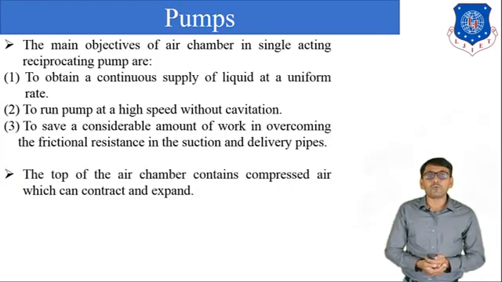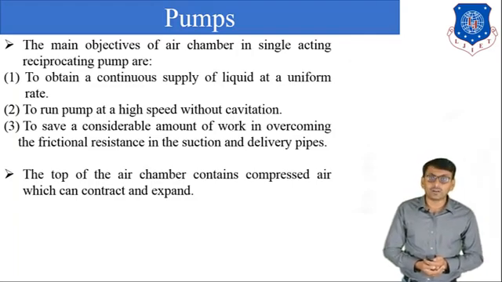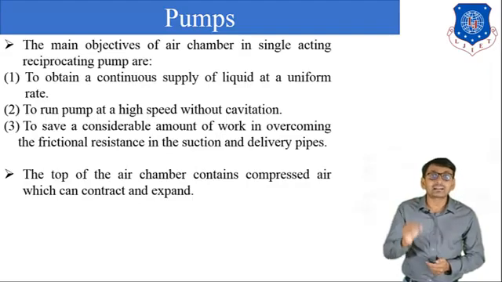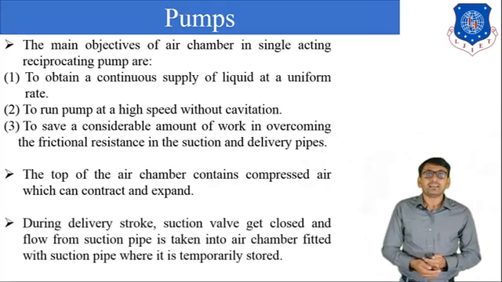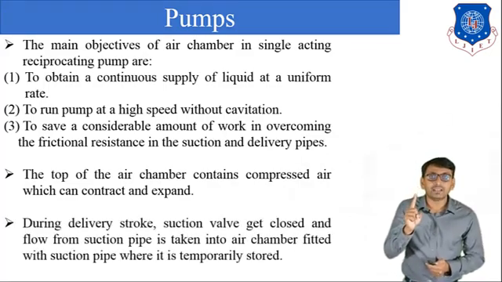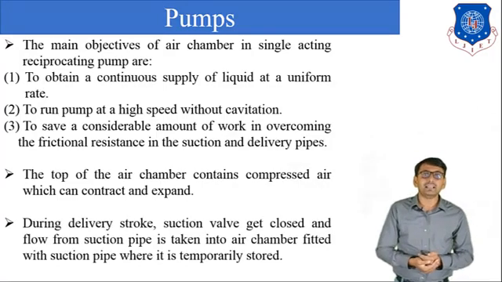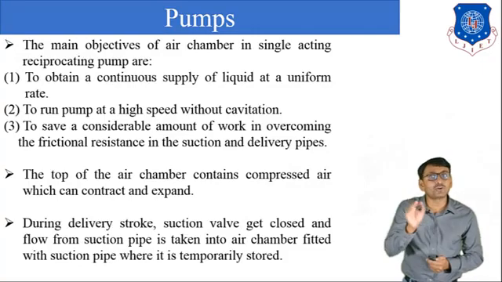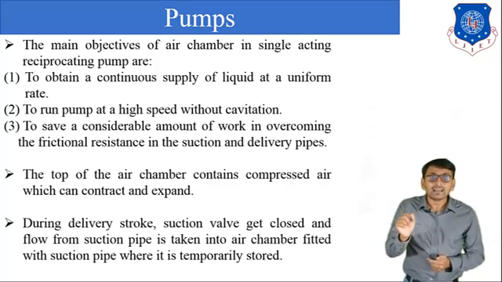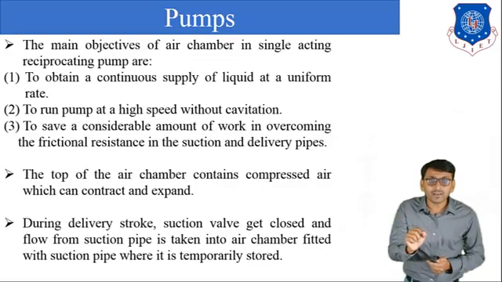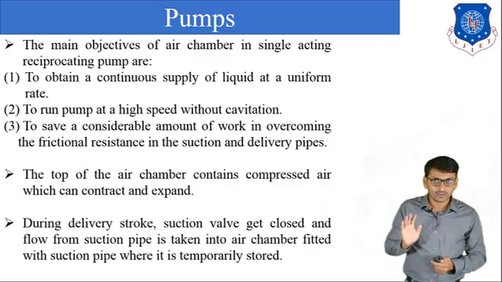Now, the top of the air vessel contains compressed air which can contract or expand. During the delivery stroke, that is the second stroke, the suction valve is closed and flow from the suction pipe is taken into the air chamber fitted at the suction pipe, where it is temporarily stored.